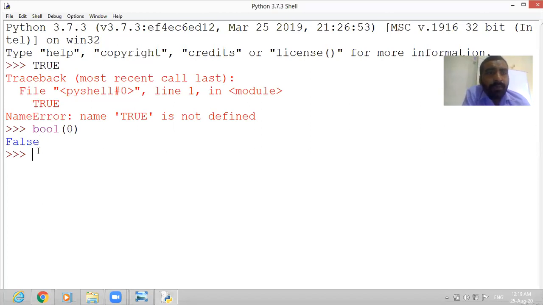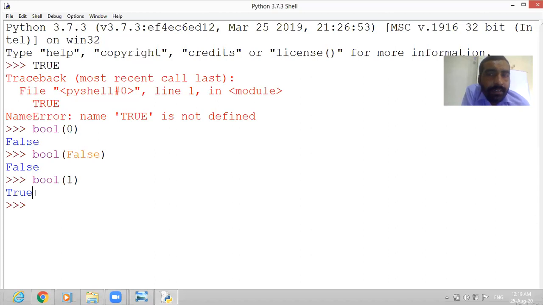Or if you type bool(False), then also you got false. Now you type bool(1), then you'll get true. See here, 1 stands for true.